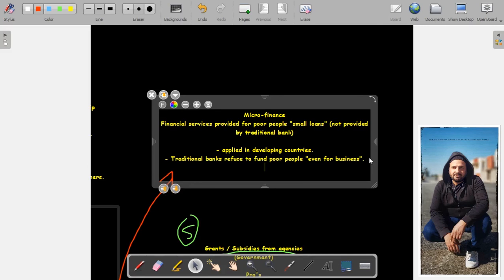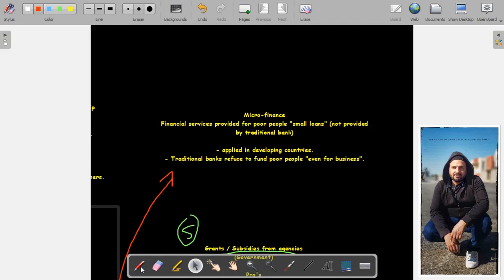Let's talk about the reasons why these traditional banks refuse to do that. Basically, because of a few reasons I'm going to mention.